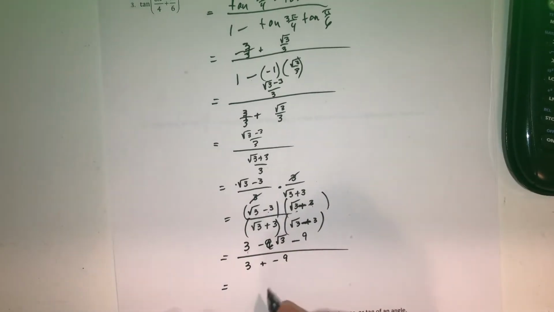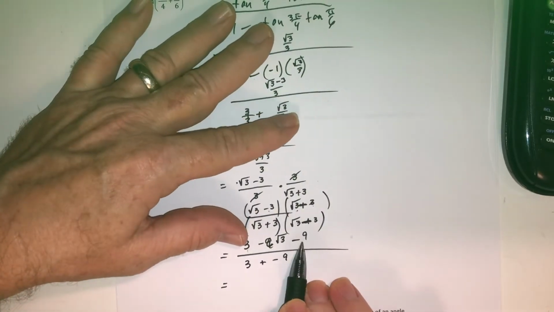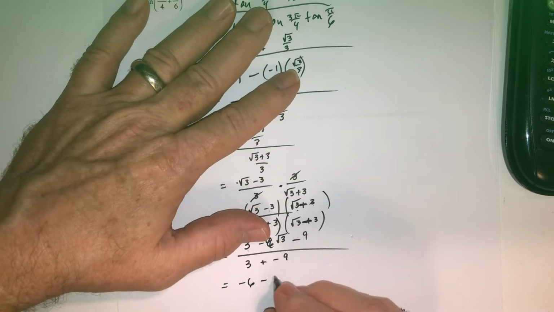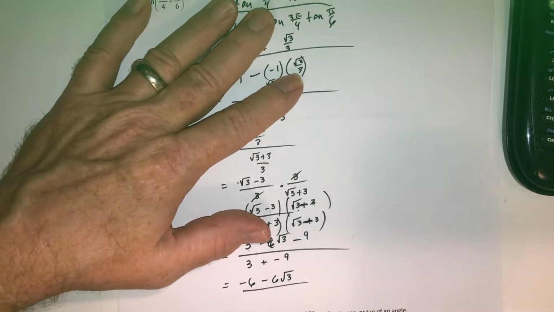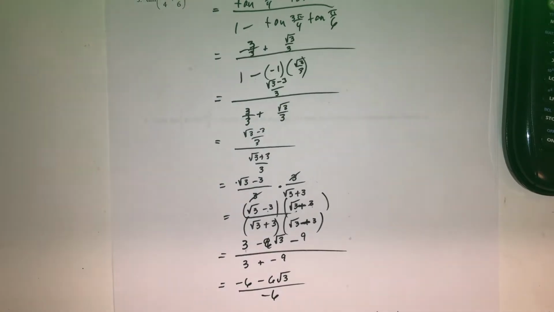So that gives me 3 minus 9, which is negative 6, minus 6 times the square root of 3 over negative 6. Okay, let's see what happened here.